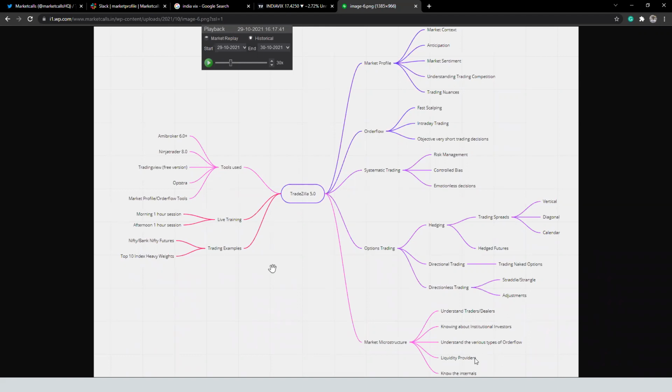All those things will be covered under market microstructure. It's a very deep study, but since it is very much connected to order flow, I thought it makes sense to keep it as a separate subject itself.